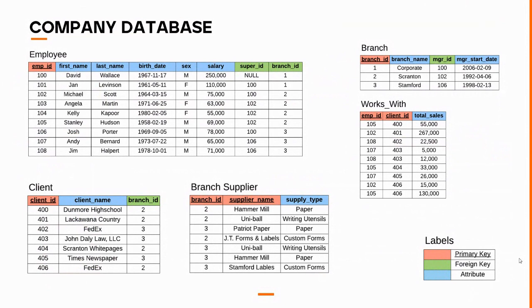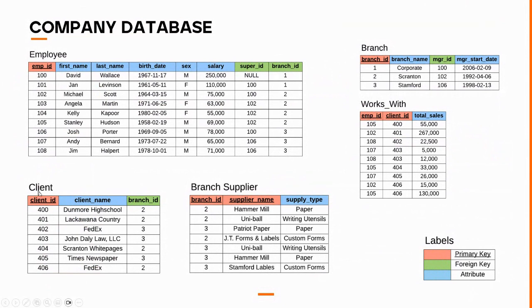So Jan Levinson has a supervisor whose ID is 100, so David Wallace is the supervisor of Jan Levinson. Then similarly, we have a branch ID that's coming from the branch table, right? So let's say David belongs to the branch called corporate, and Michael Scott belongs to the branch Scranton. So this is also a foreign key, which is a primary key of the branch table.